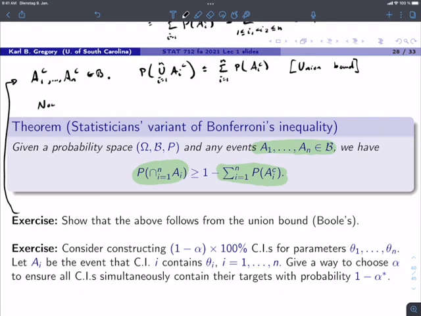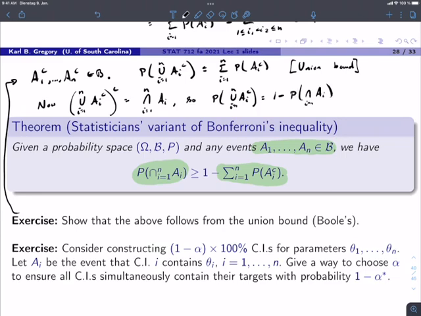Now, this union of complements, if I take the complement of it, it gives me the intersection of these by De Morgan's laws. So I can write this probability is equal to 1 minus probability of the intersection of the AIs.